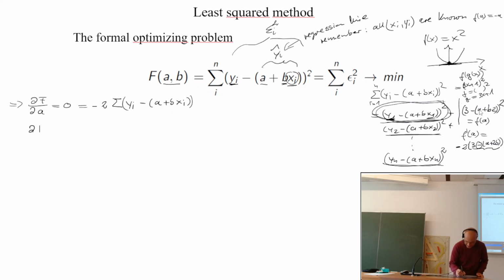Well, if we take the derivative with respect to b, then we have to look at this part here. Again, the outer derivative, 2 times yi minus a plus bxi.